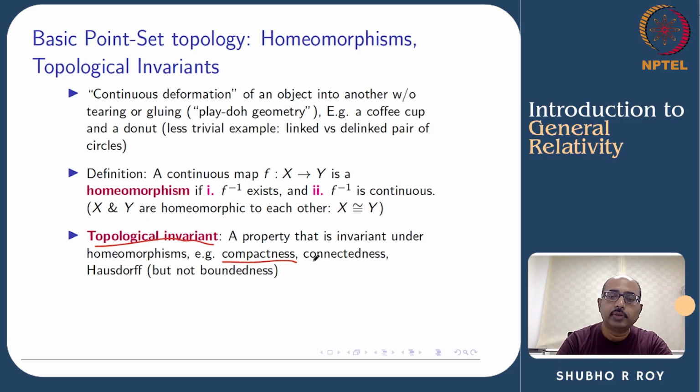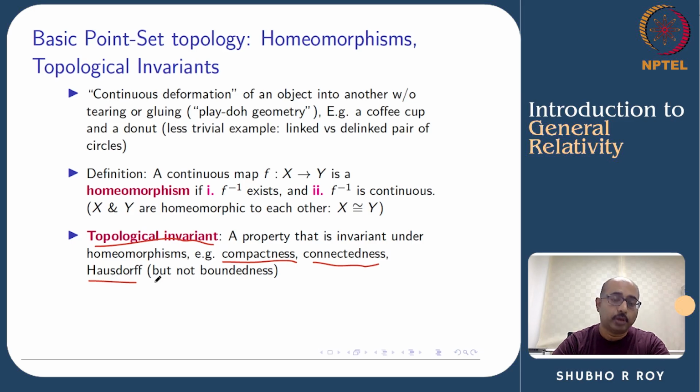So connectedness is a topological invariant because it remains preserved under homeomorphism. Similarly, the Hausdorff property is also a topological invariant. We can never convert a Hausdorff space into a non-Hausdorff space, a separable space into a space which is not separable. Okay, so these three properties are topological invariants.